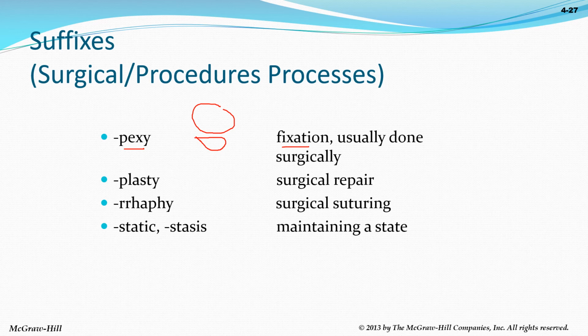So we got to go in and tie the bladder back in place or tie the uterus back where it needs to be. Plasty, surgical repair. Not plastic like I thought when I was a kid. And then the other RRH is stitches. Sutures or stitches.